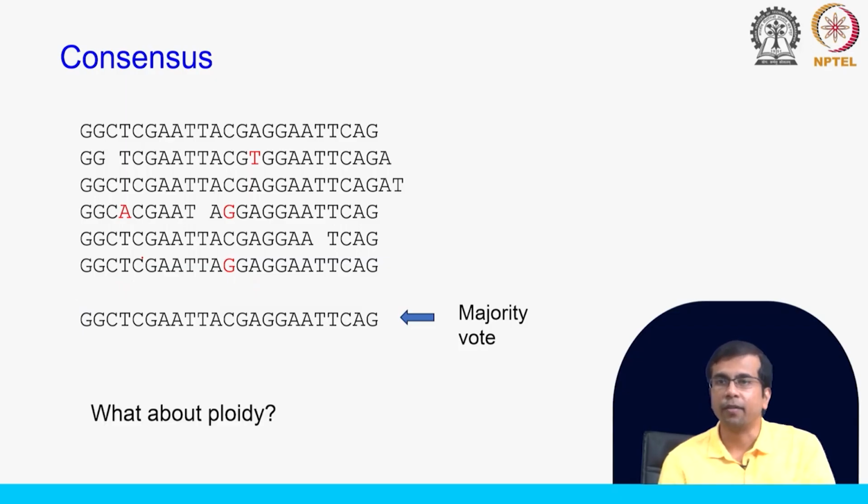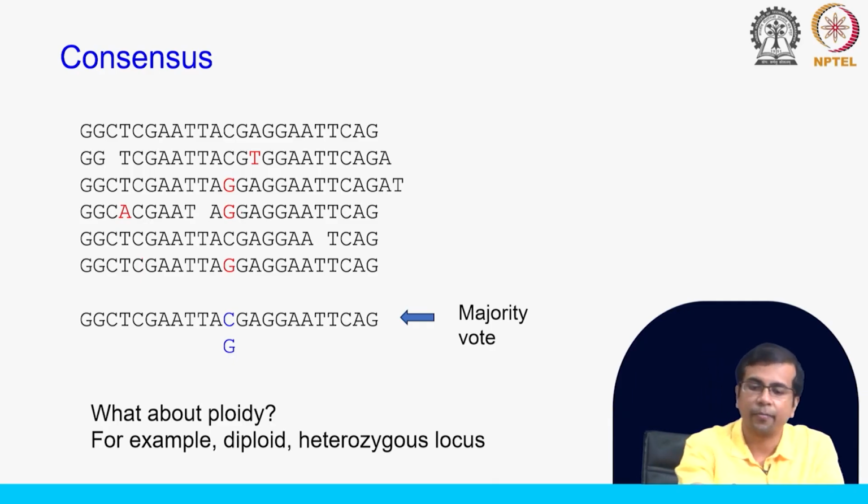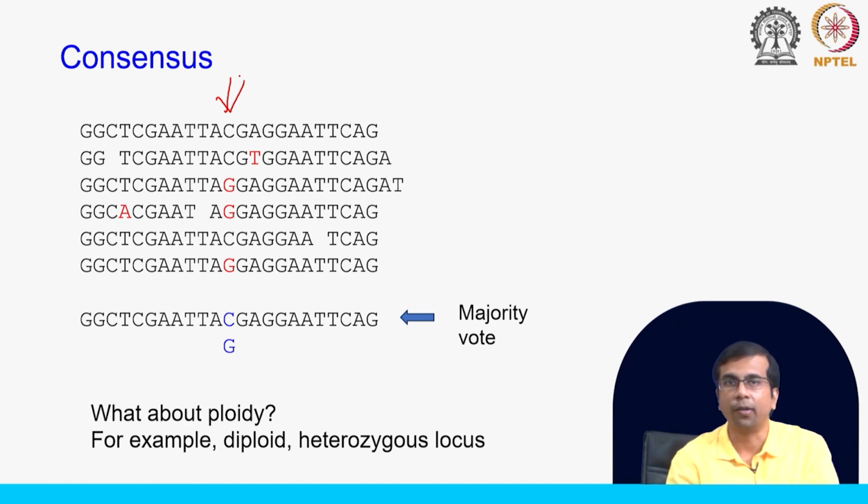Now, one complication that we will have is, what about ploidy? For example, if you are working with the human genome, we are diploid. So if you have ploidy and you are working with a heterozygous locus, you have two copies, one copy coming from the mother, another copy coming from the father. And there are variations, you can see, maybe in this position here, we have two nucleotides.